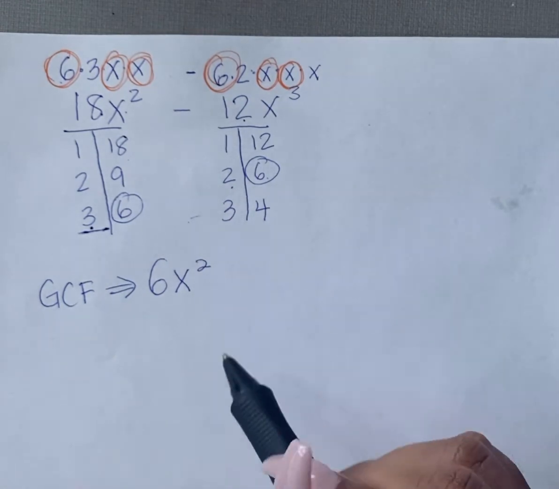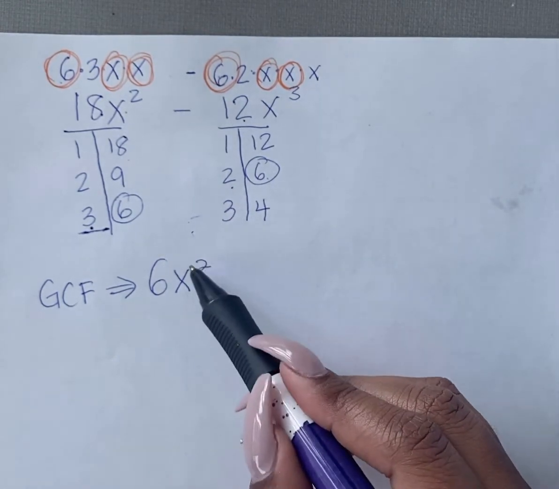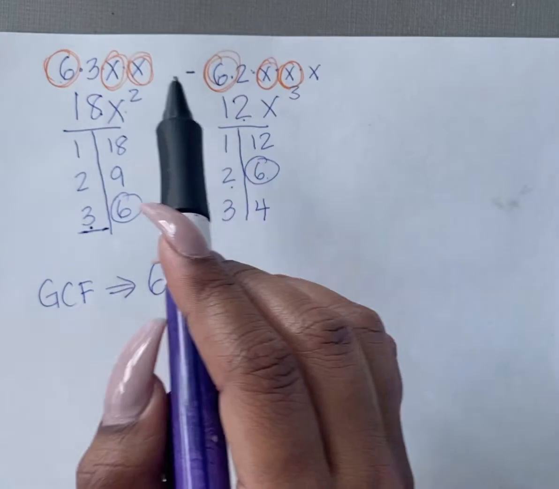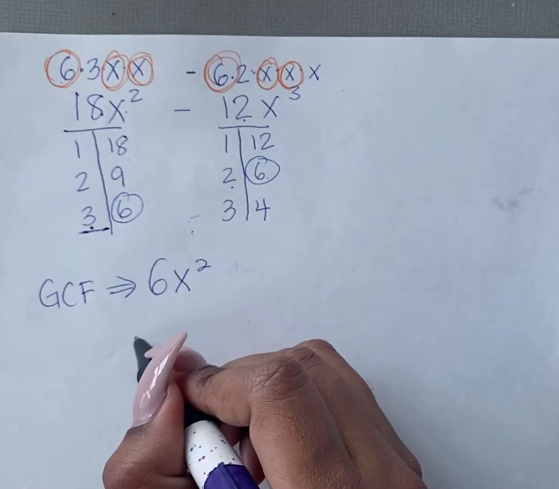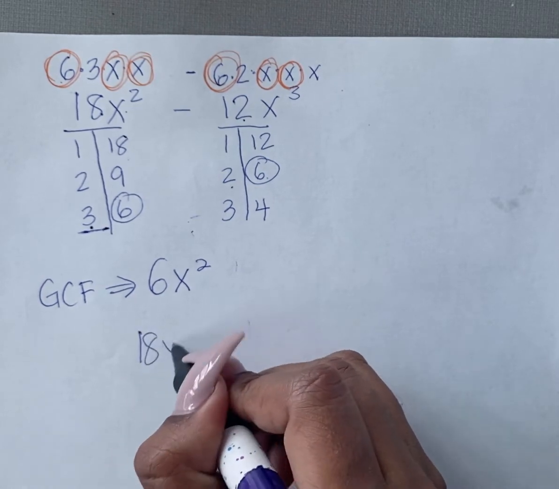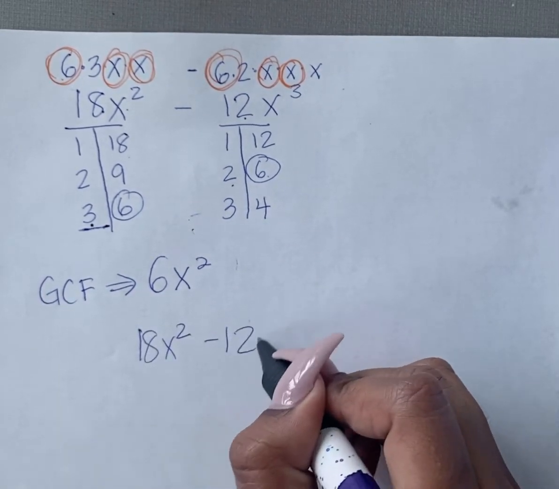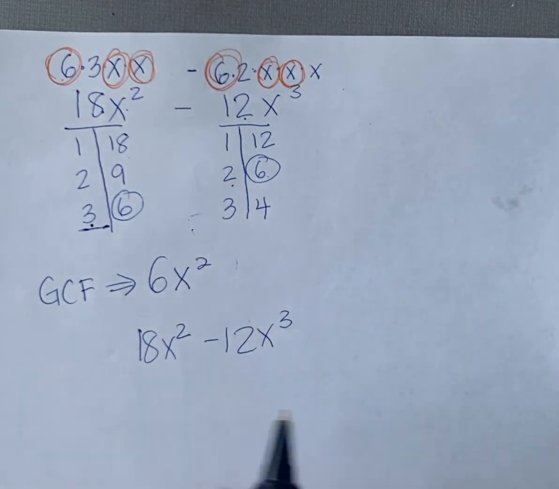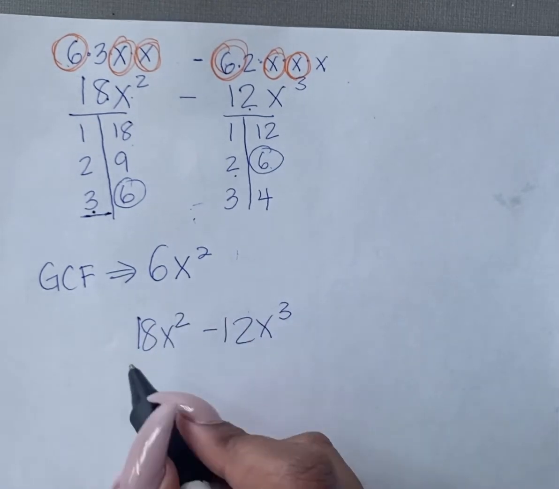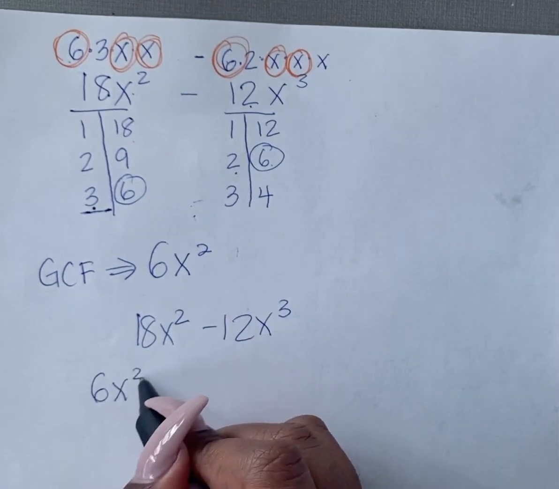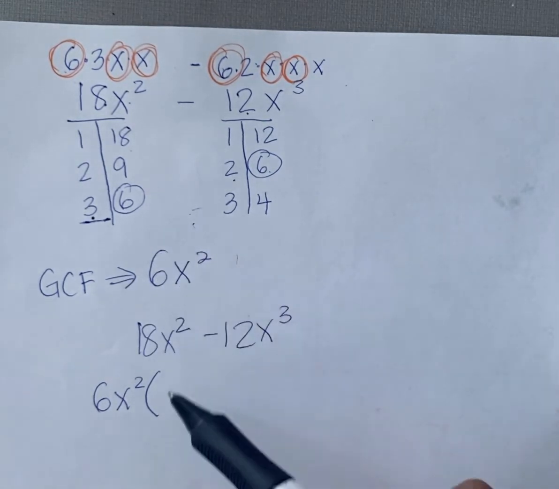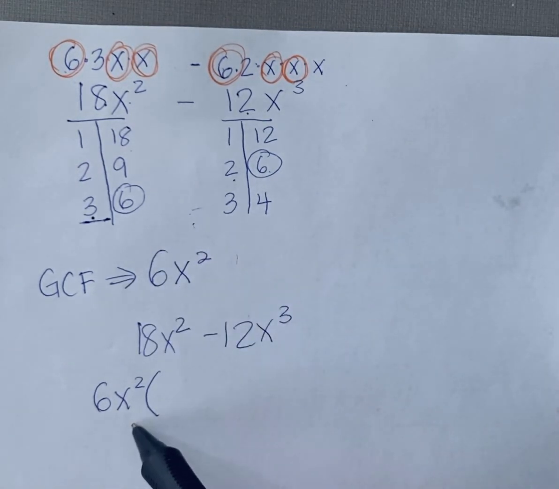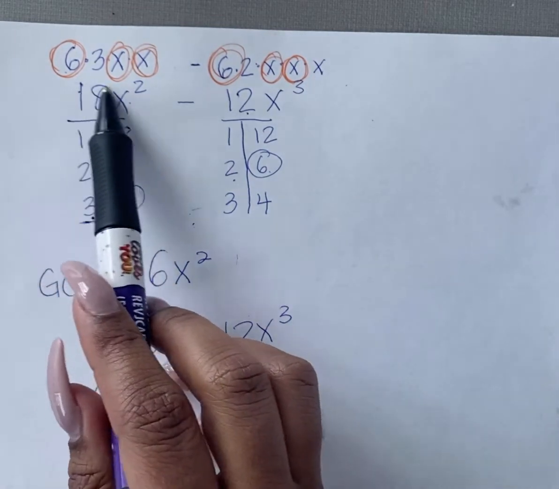We're going to take it one step further and factor out this 6x squared from this whole polynomial that we have. So we had 18x squared minus 12x to the third. I know that it's not in order, but that's okay for now. I'm going to factor out my 6x squared. You already did the work to find the greatest common factor, and that's what goes on the outside. What goes on the inside is what we have left up here.